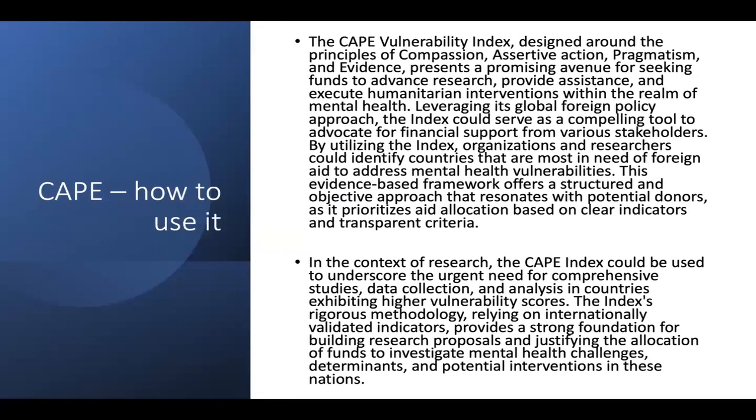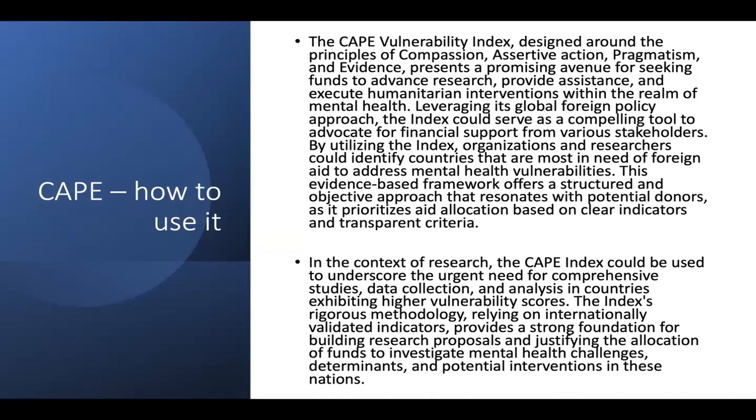The CAPE Vulnerability Index, designed around the principles of compassion, assertive action, pragmatism, and evidence, presents a promising avenue for seeking funds to advance research, provide assistance, and execute humanitarian interventions within the realm of mental health. Leveraging its global foreign policy approach, the index could serve as a compelling tool to advocate for financial support from various stakeholders.